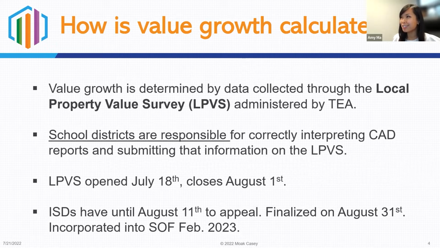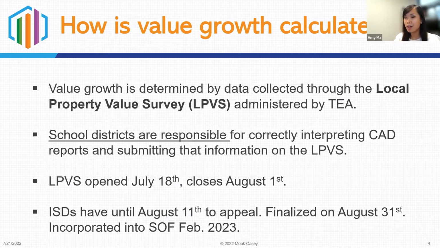Value growth is determined by the data that TEA collects through the local property value survey, which we often refer to as the LPVS. In this data collection, school districts are required to interpret their CAD reports and then submit that information on the LPVS. And after that, TEA will approve it.